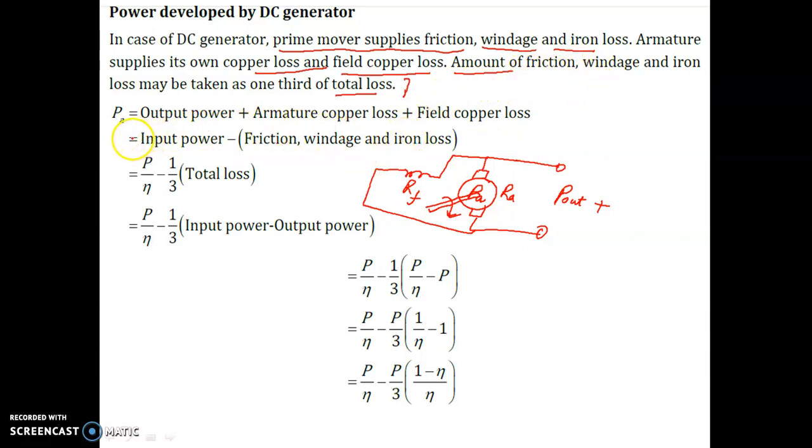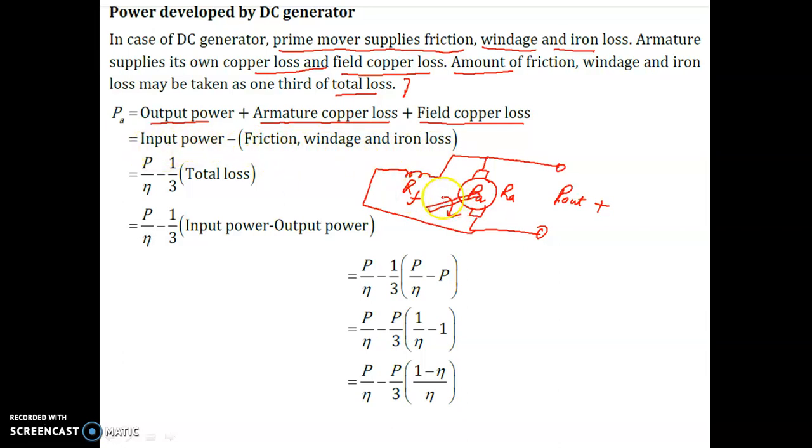So P average is written as output power plus armature copper loss plus field copper loss. Whatever the armature is getting here, field loss plus armature copper loss. We can also write this relation as input power minus friction, windage and iron losses.